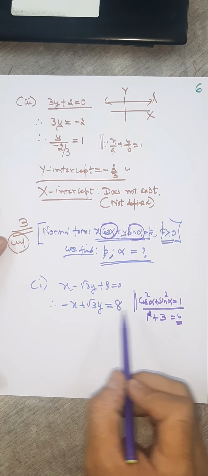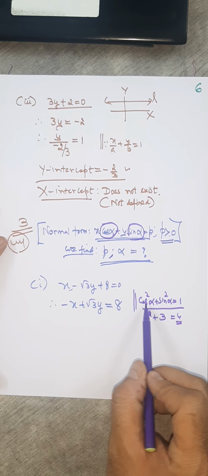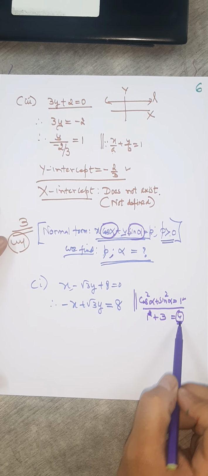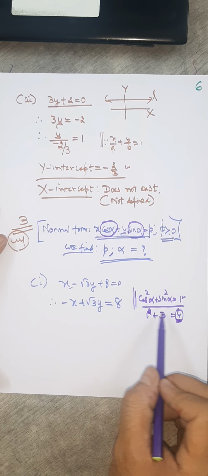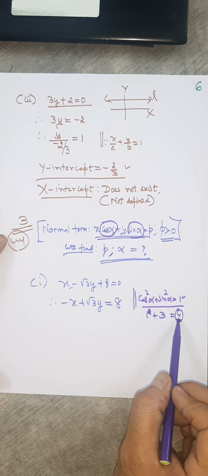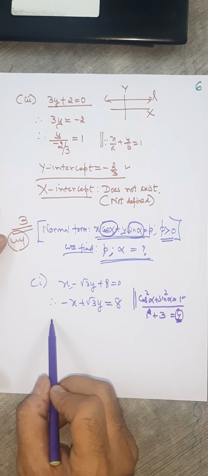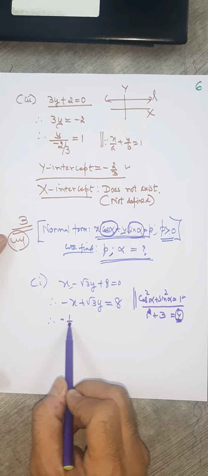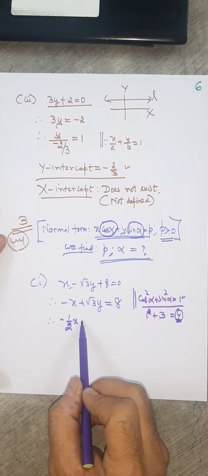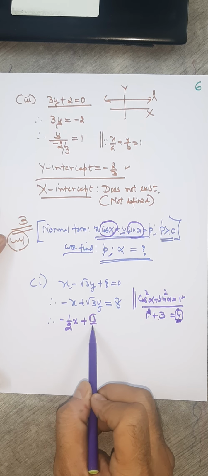So here, the sum of the squares of the coefficients should be how much? 1. Here you are getting 4, right? After squaring, it should be 1. So to make it 1, what will I do? I'll divide by 2 throughout this expression. Why 2? Here you are getting 4, but that is after squaring, so I should take the square root of this.